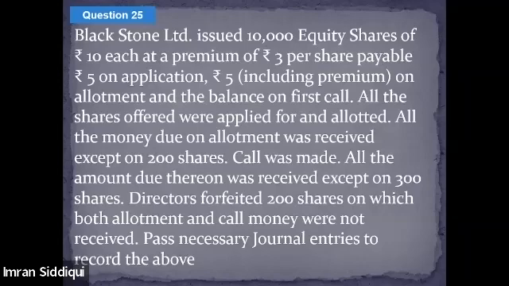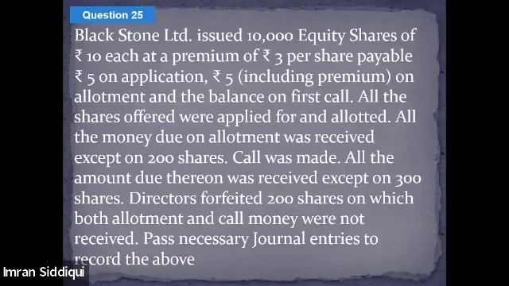It says Blackstone Limited issued 10,000 equity shares of rupees 10 each at a premium of 3 per share. 5 on application, 5 on allotment, and the balance on first call. All the shares offered were applied for and allotted. All the money due on allotment was received except on 200 shares. Call was made.